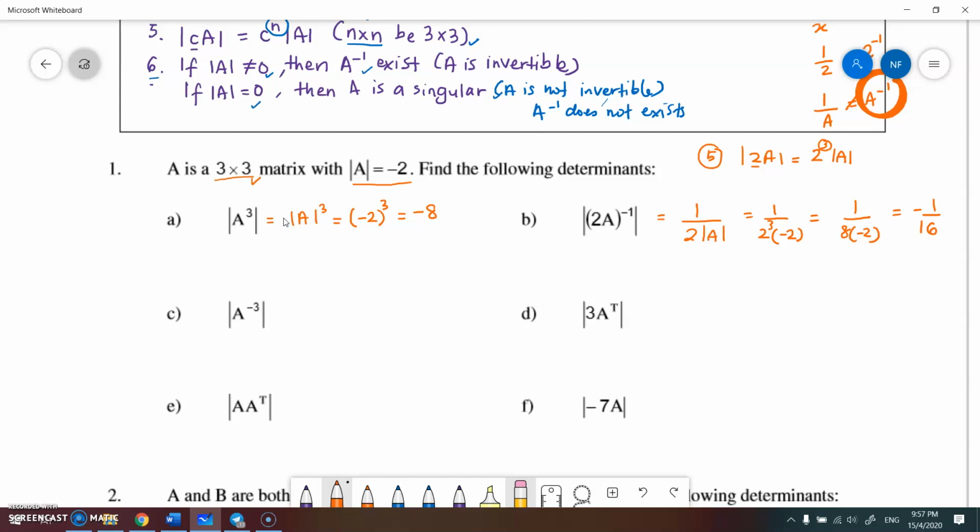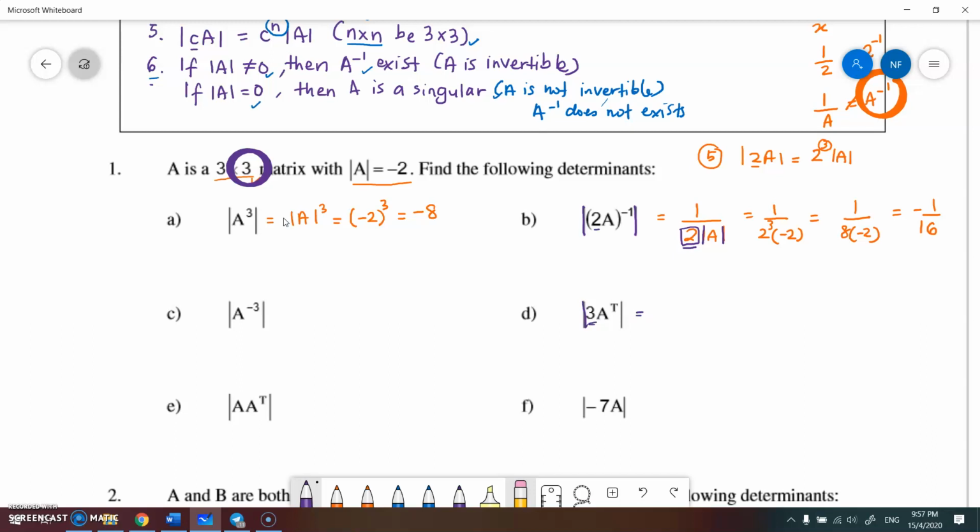Okay, it's easy. If this is a number, when you want to take it out of the determinant, you just have to multiply it with the power of the matrix size, power N. If this is the determinant of the matrix, just take it as it is. So if you want to take it out, then you have to apply the power. Okay, we continue with D. Let's say 3.